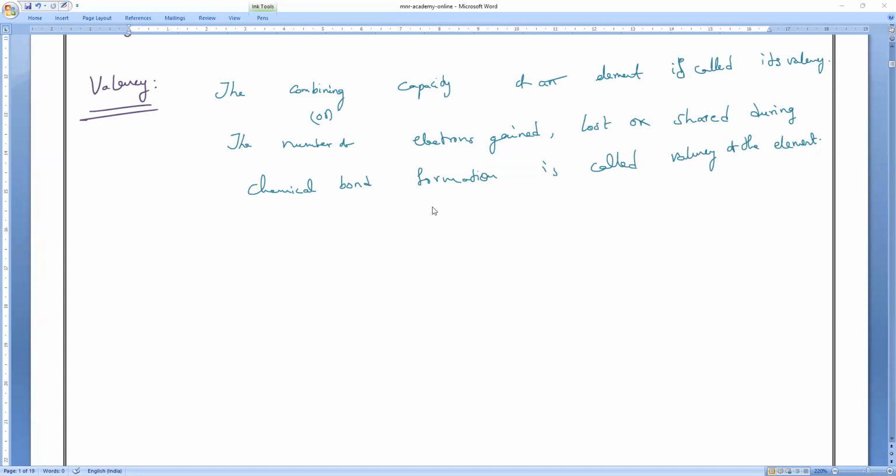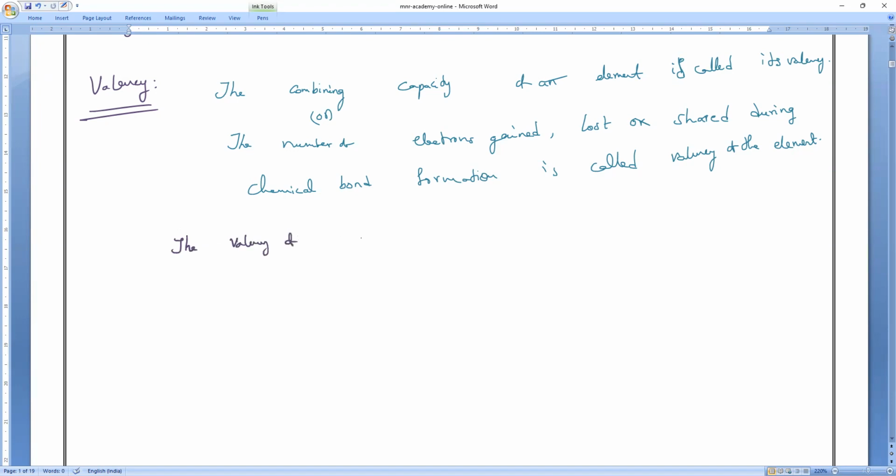If you put iron, it is not reacting that much. Iron is also a metal. If you put zinc, it is not exploding with water. So the nature of reactivity is decided by the valency. How far it is true, we will discuss. That is the significance of the valency of any atom.